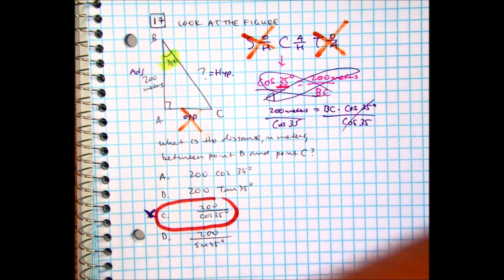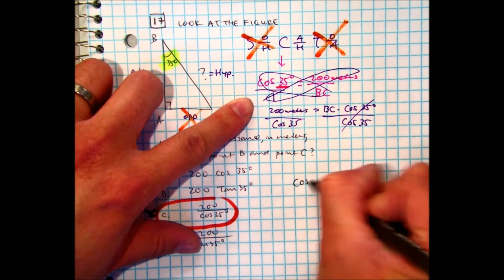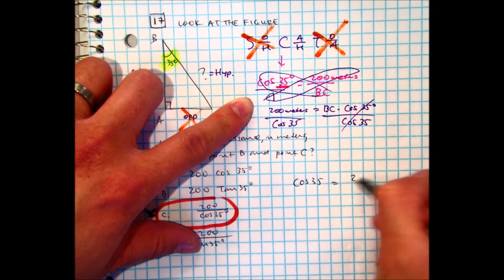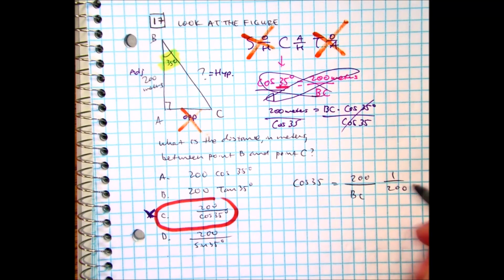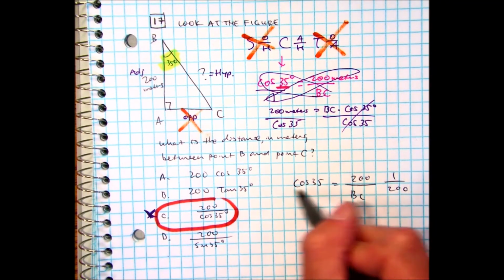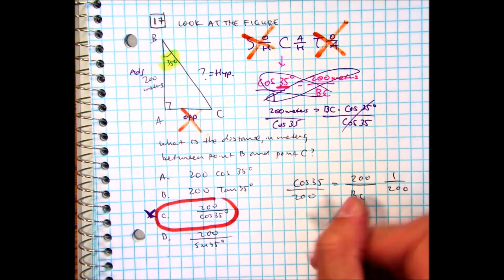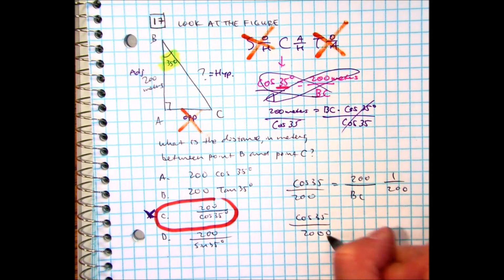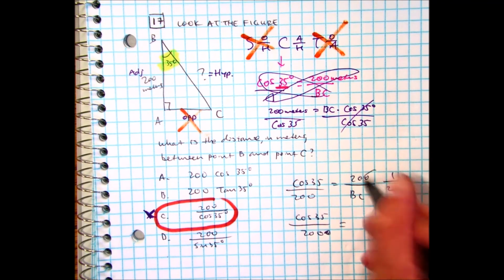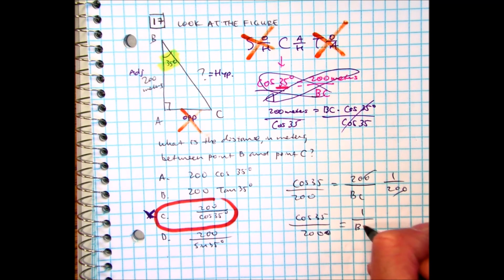Let me show you what I was saying. Cosine of 35 equals 200 over BC. If I divide both sides by 200, you're going to have cosine of 35 over 200 equals 1 over BC.